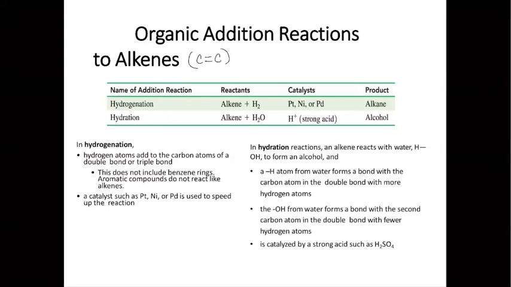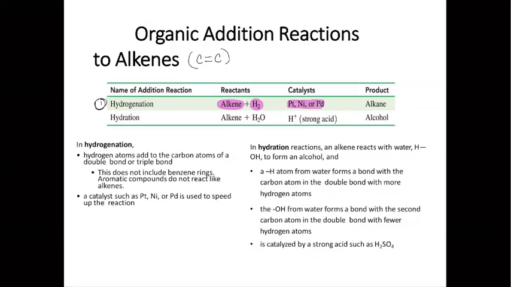So when it comes to alkenes, they can undergo two different types of reactions. The first one is called hydrogenation, okay? So in a hydrogenation, we can see that specifically our alkene is going to react with molecular hydrogen in the presence of any of these catalysts.